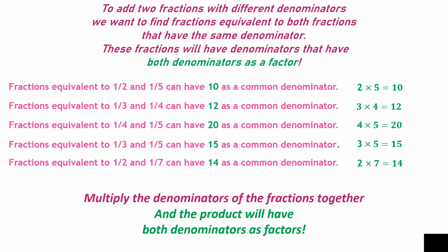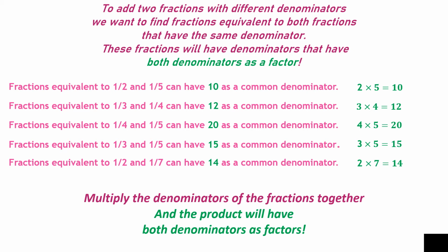And now we know that these fractions will have denominators that share factors. In other words, fractions that could be equivalent to both 1/2 and 1/5 could have 10 as a common denominator, because 10 has both 2 and 5 as factors.